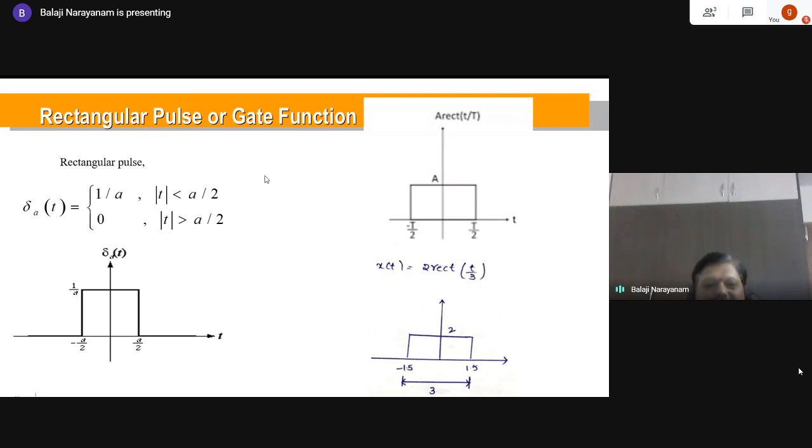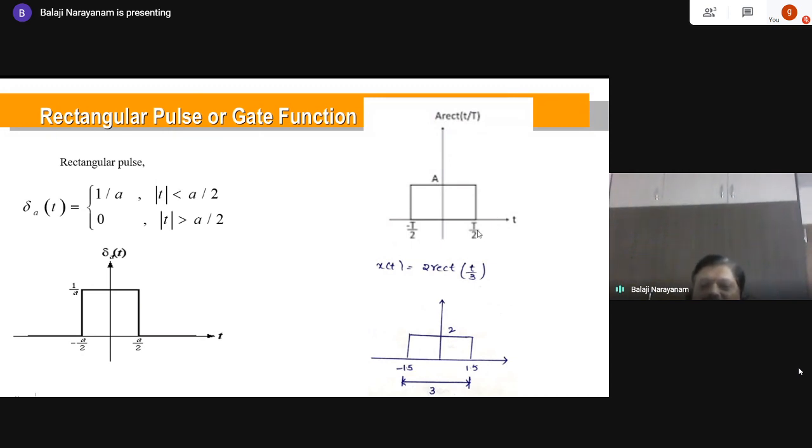Now, if we multiply that rectangular function with an amplitude of a, so you observe a rect of t by capital T, here you have an amplitude of a, and clearly here we have minus capital T by 2 to capital T by 2.